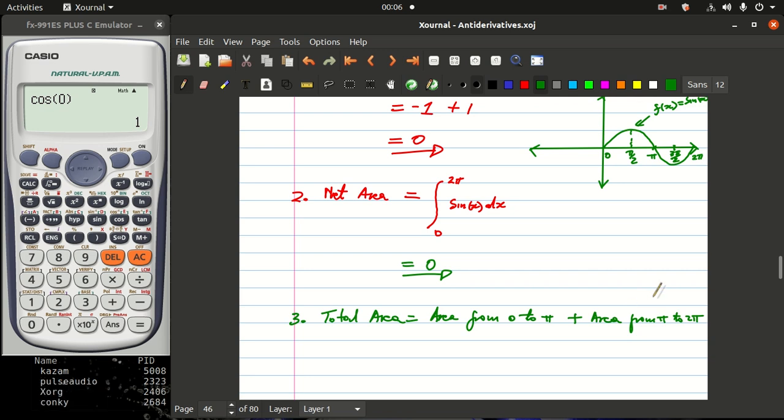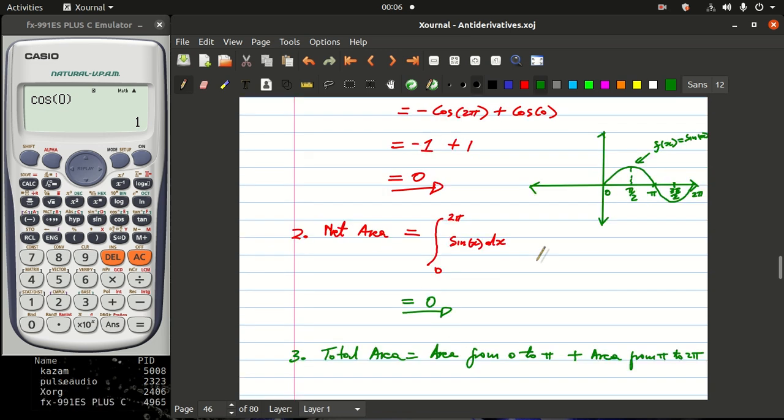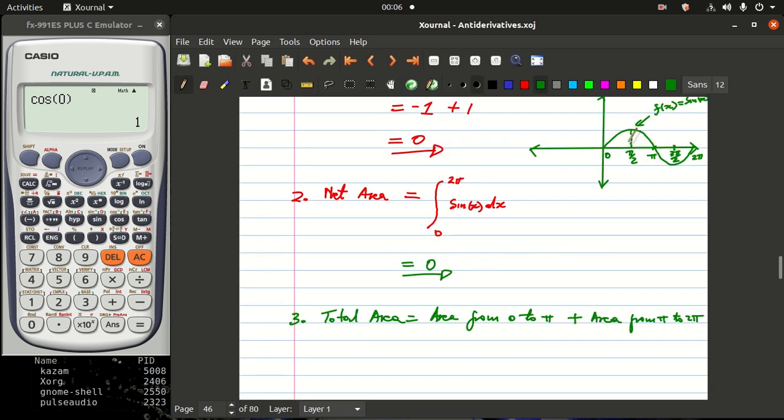I hope you can see the difference between the net area and the total area. For the net area, you just have to find the definite integral. The answer you are getting is going to be the net, but when it comes to the total, you have to be careful that everything you are getting is above the x-axis and is a positive thing.